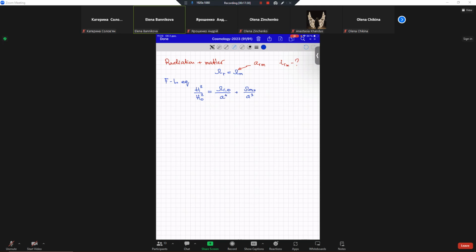And if we take into account again that H is a point divided by a, we obtain that a point squared divided by H0 squared equals, let's take out the multiplier which is the same in two terms, and inside we will have 1 plus omega m0 divided by omega r0, multiplied by a.